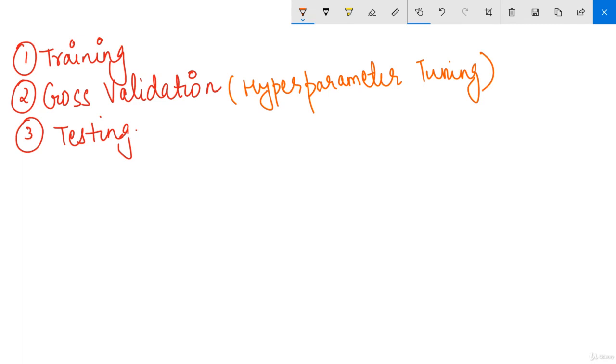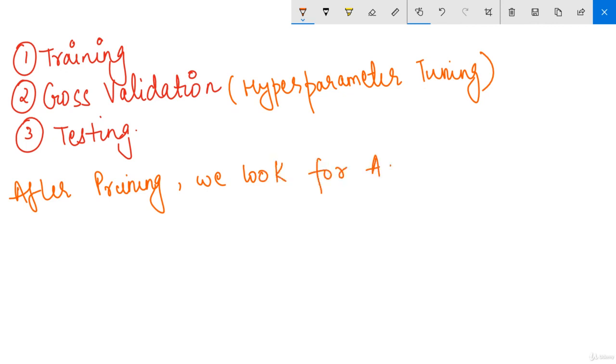So these three will be used a lot during the tuning. And once we prune the tree, a part of the tree, we look for the accuracy. After pruning, we look for accuracy.